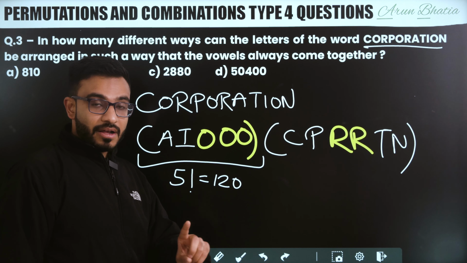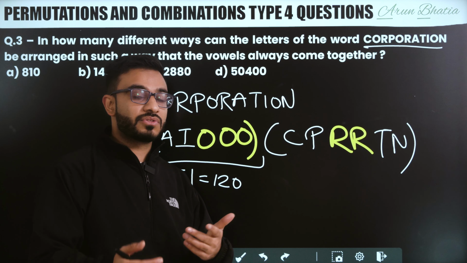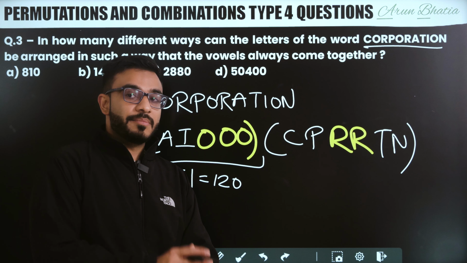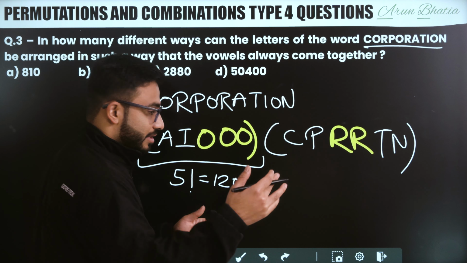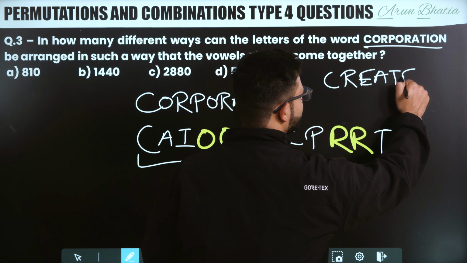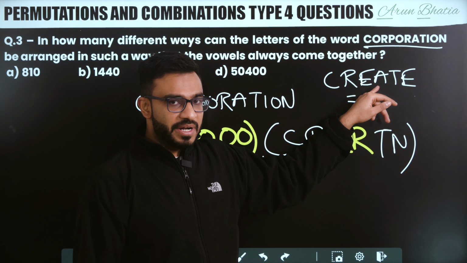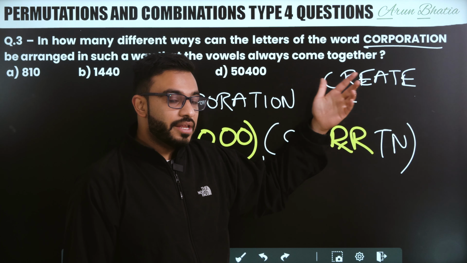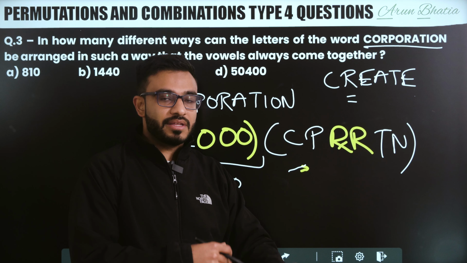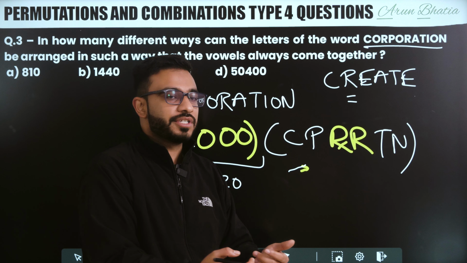And then coming back to the older concept, this is not really 120. Remember, in the first or second lecture, where we didn't have this kind of condition, we used to say there are letters repeating. So remember we did this word, create. We used to say that although the E's are repeating and they are different, in the observer's mind, it's the same thing. Both of the E's, whether they are arranged together or in any kind of pattern, are identical. You cannot differentiate between E's.